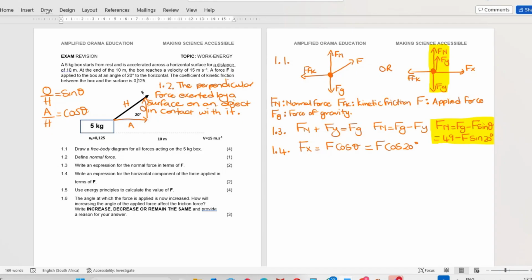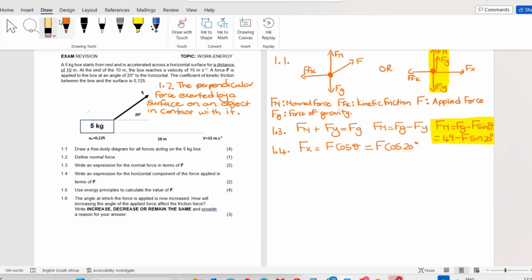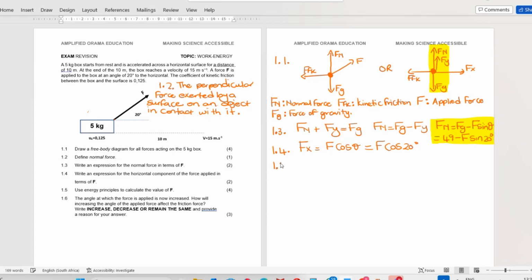Let's just erase this so that it's not all clustered here. All right, perfect. Now 1.5 says we must use energy principles to calculate the value of F. So obviously here we are going to use the work energy theorem, and maybe before we use it, let's state it.